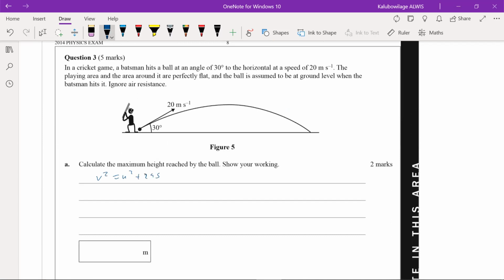Since we find the maximum height, v will be 0, and u is the vertical speed, 20 sine 30 squared, plus 2 times minus 10 times s. Finding s comes to 5 meters.